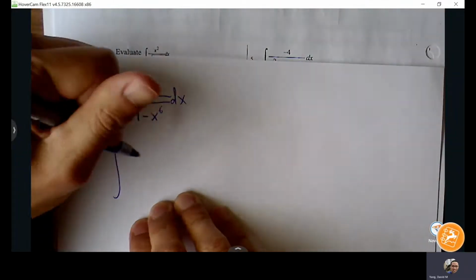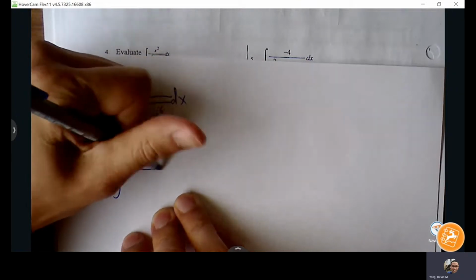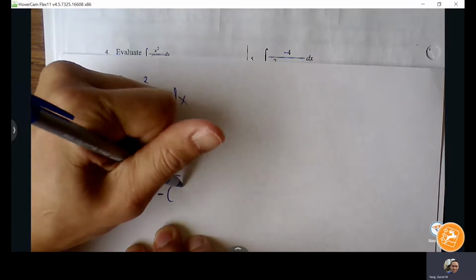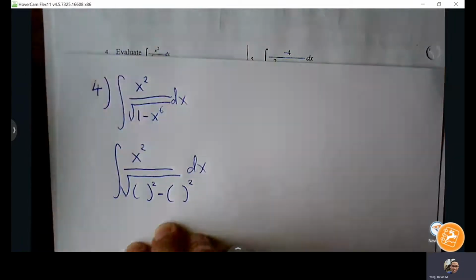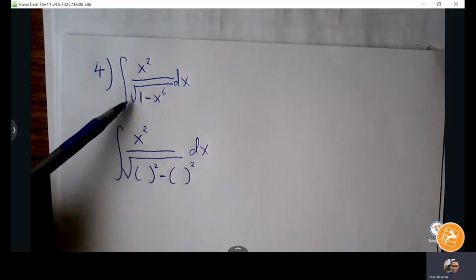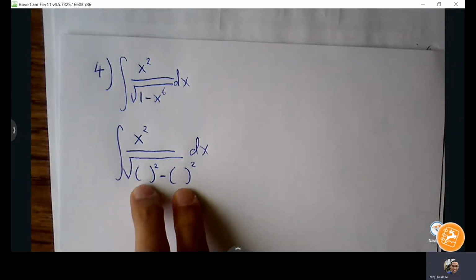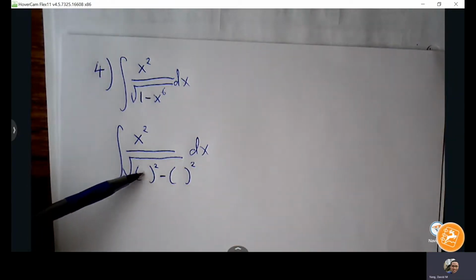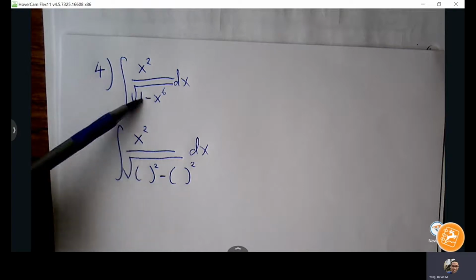So to allow for that denominator to be in a better form, we're going to create this template. We're going to create parentheses squared, because if we can get this into this form without changing the overall value, we're able to see the a and u value a lot more clearly. So what can I put inside the parentheses and not change the overall value?